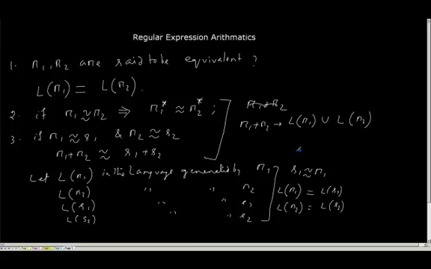Now you substitute that: you will get L of S1, because L of R1 is the same as L of S1, union L of S2, which is nothing but the language generated by S1 plus S2. Hence R1 plus R2 is equivalent to S1 plus S2. So this way the things are proved in regular expressions.